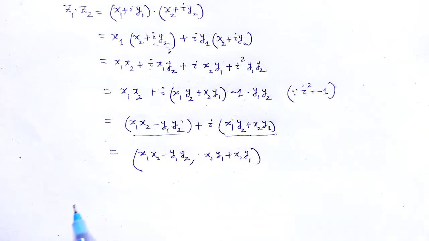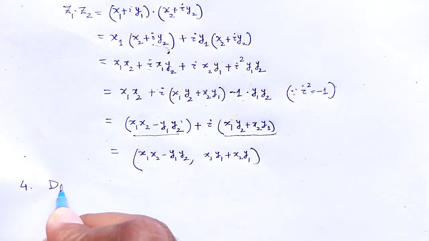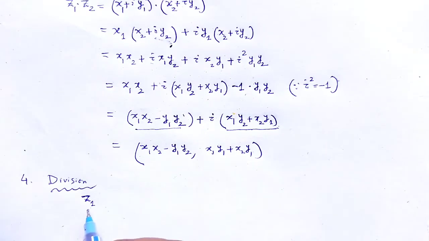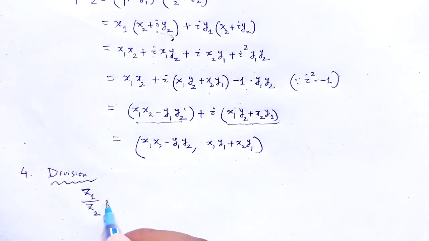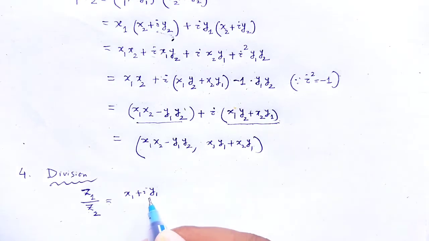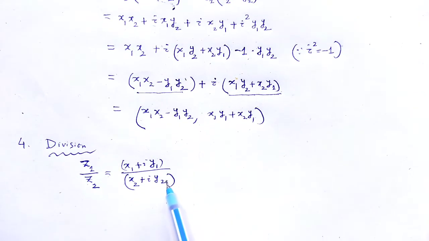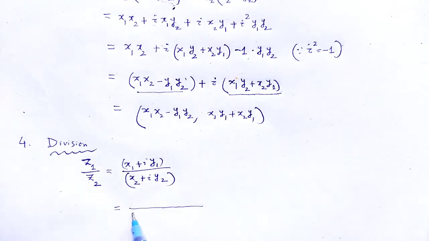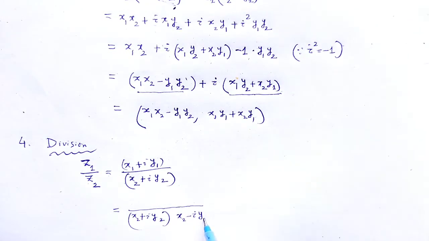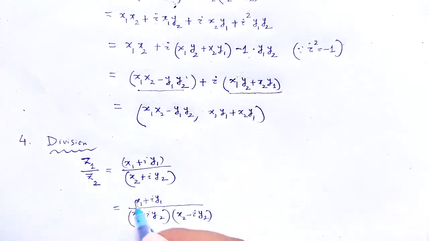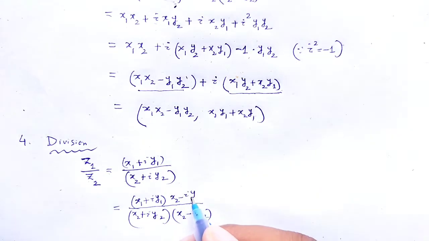Next, division. z1 divided by z2: x1 plus iy1 divided by x2 plus iy2. Now, I just multiply x2 minus iy2, the conjugate of x2 plus iy2, in both numerator and denominator: x1 plus iy1 into x2 minus iy2.